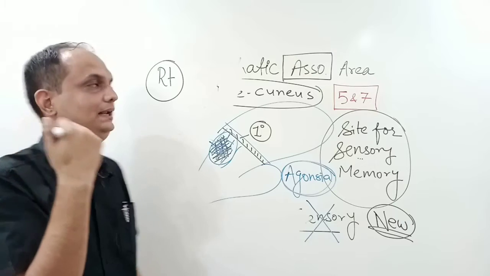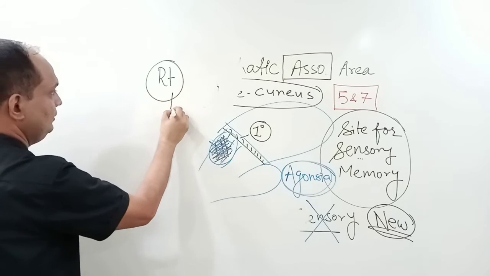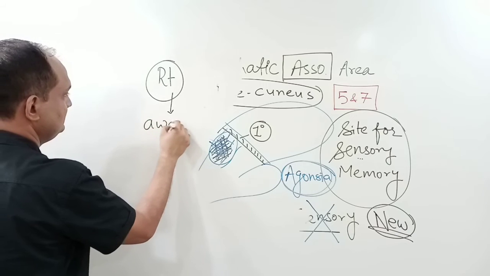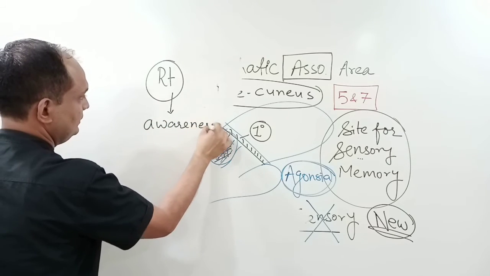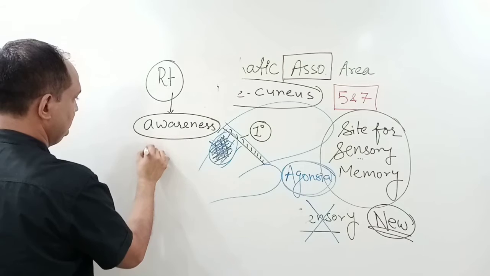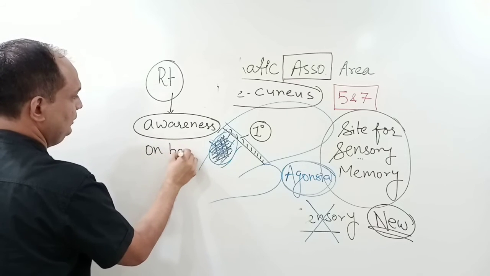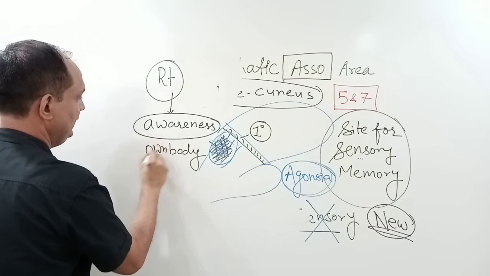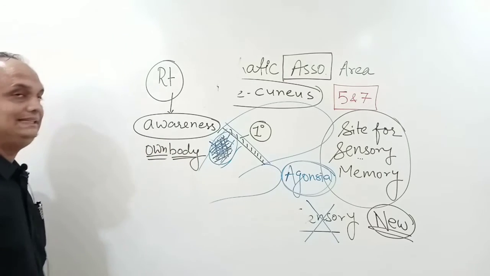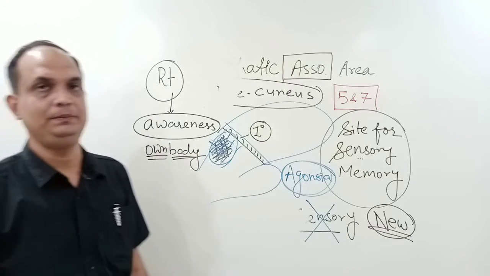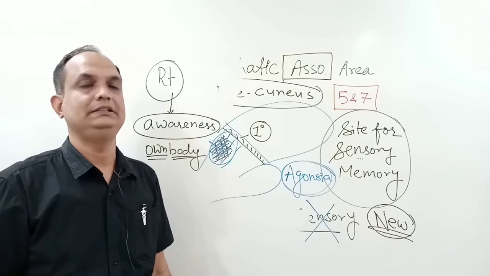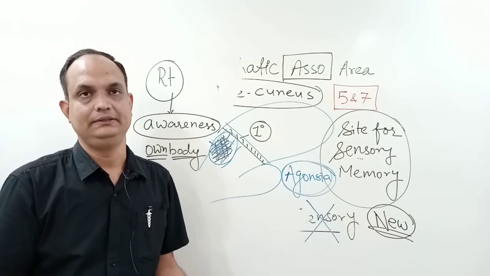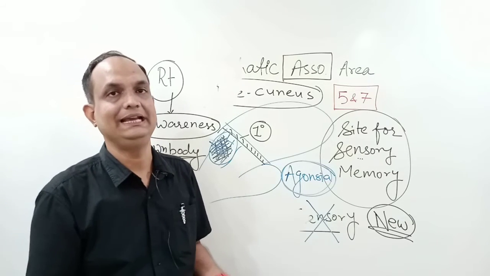In the right cerebral hemisphere, the superior parietal lobule is concerned with awareness of the individual's own body. When you have a lesion in the right superior parietal lobule, the person is not able to take care of his own left side. That is known as cortical neglect.